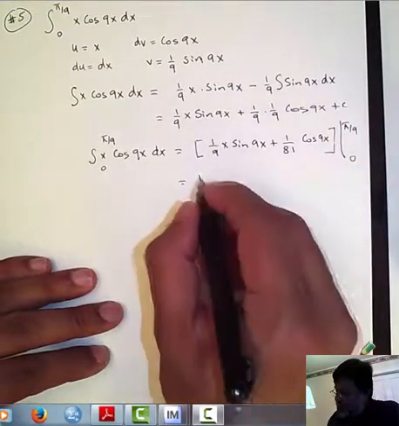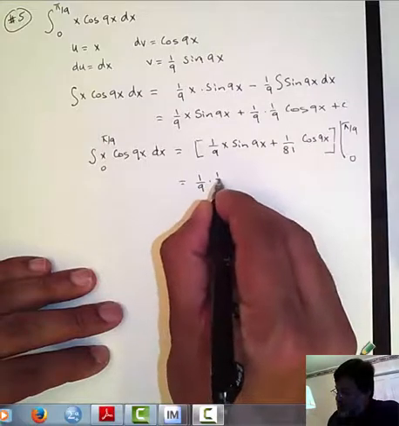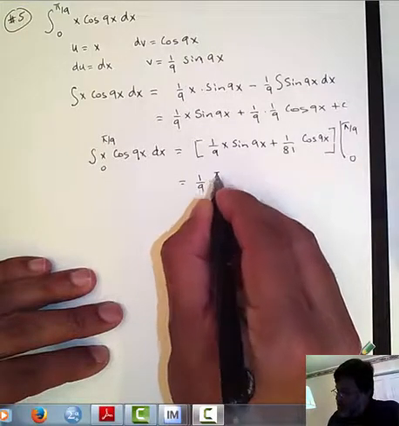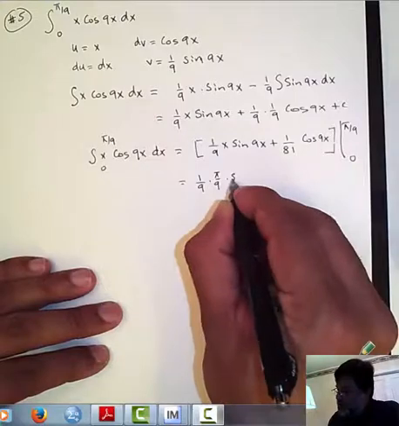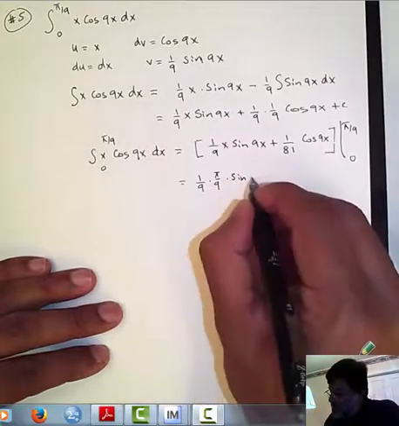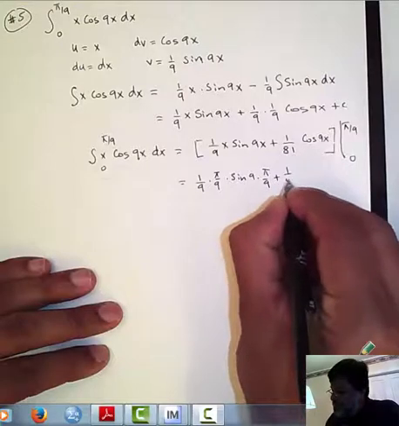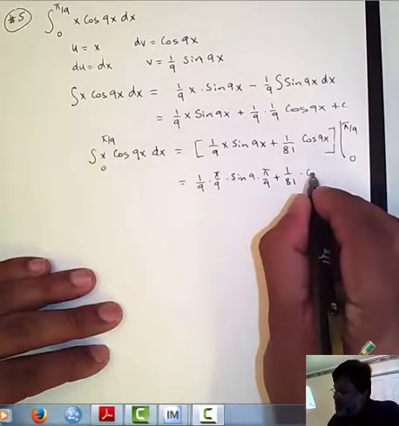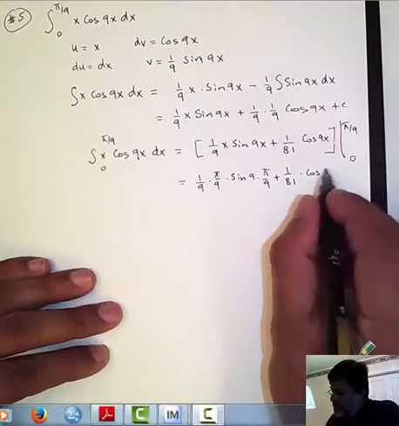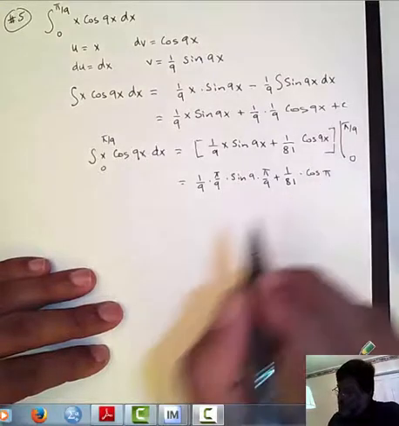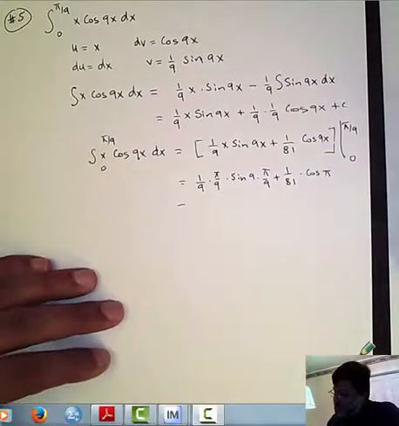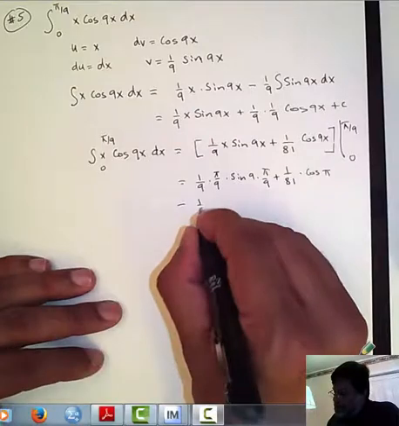So I'll have 1/9 times pi over 9 times sine 9 times pi over 9, plus 1 over 81 cosine of 9 times pi over 9, or cosine of pi. Minus, now I'm going to plug in 0 for x.